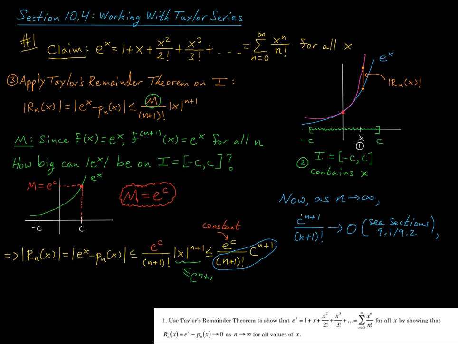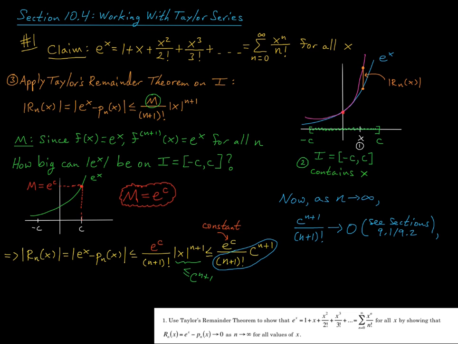We looked at a problem where we had the sequence 4 to the n over n factorial, and we argued why that approaches 0. The loose explanation is that this exponential term up here is going to grow to infinity at a slower rate than this factorial term in the denominator. So this thing right here is approaching 0 as n approaches infinity.